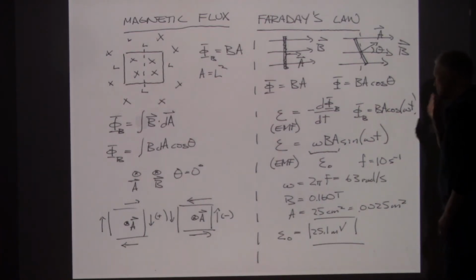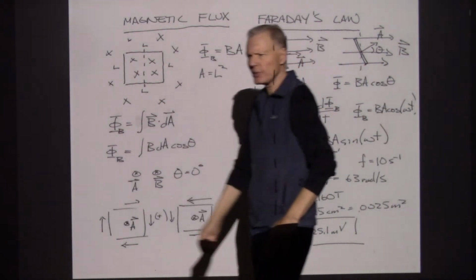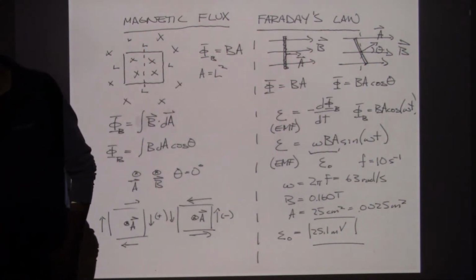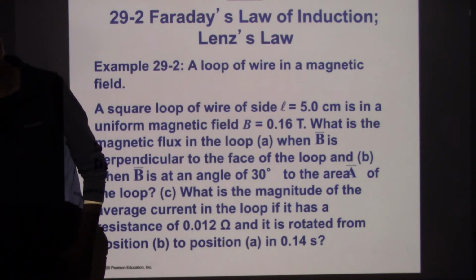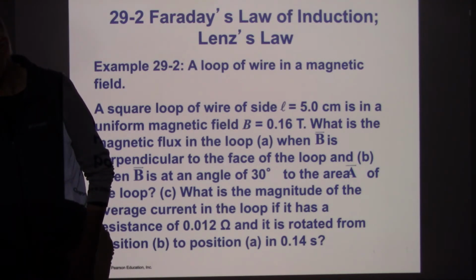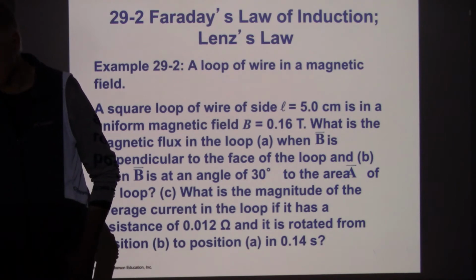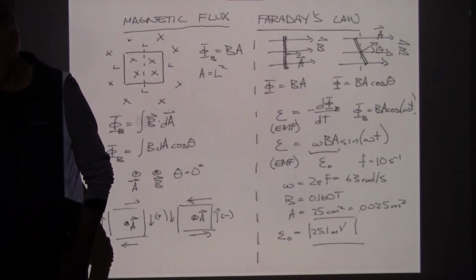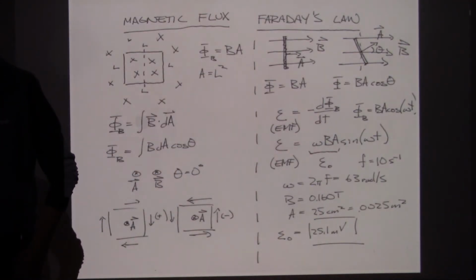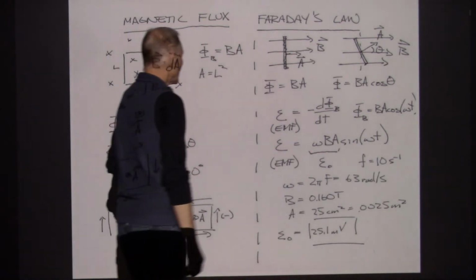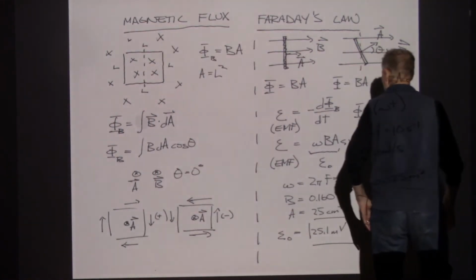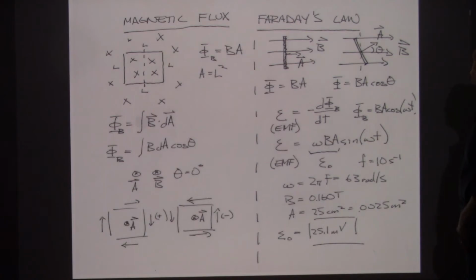So now, what did they say about the frequency? I think I may have changed the frequency information. Yeah, they say that we've moved in 0.14 seconds. I just went ahead and did this in terms of a certain speed at which we're going to be rotating.